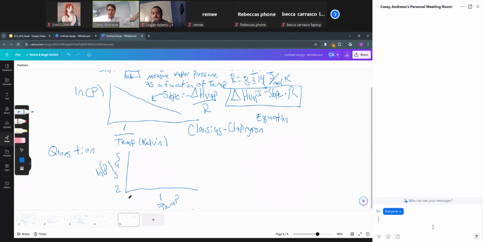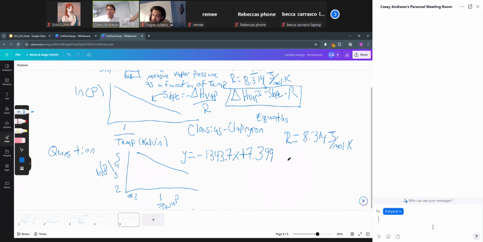I would put a line here, and I would say the equation of this line is y equals negative 1343.7x plus 7.399. I would also say R is 8.314 joules per mole Kelvin.